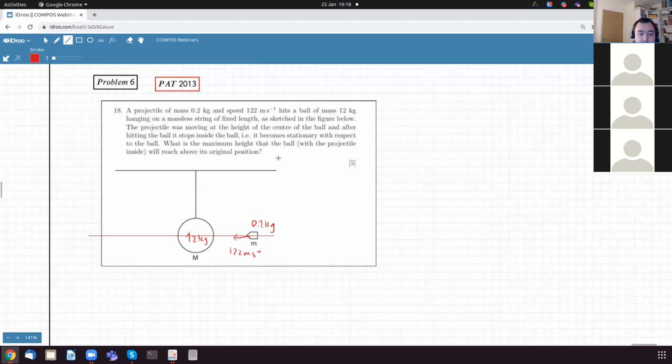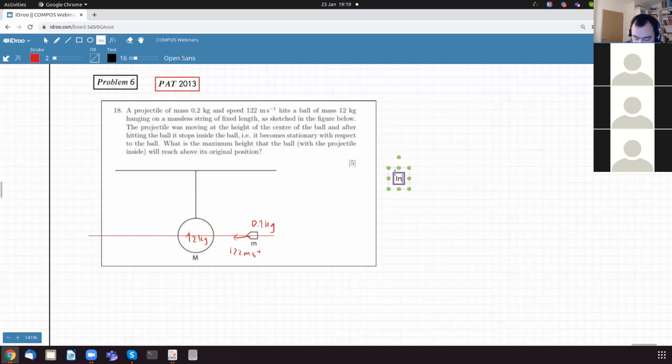What maximum height will the ball reach above its original position? So it is hit centrally, because if it doesn't hit centrally, the ball will start rotating and a lot of the kinetic energy will go into the rotation. So this is an inelastic collision.